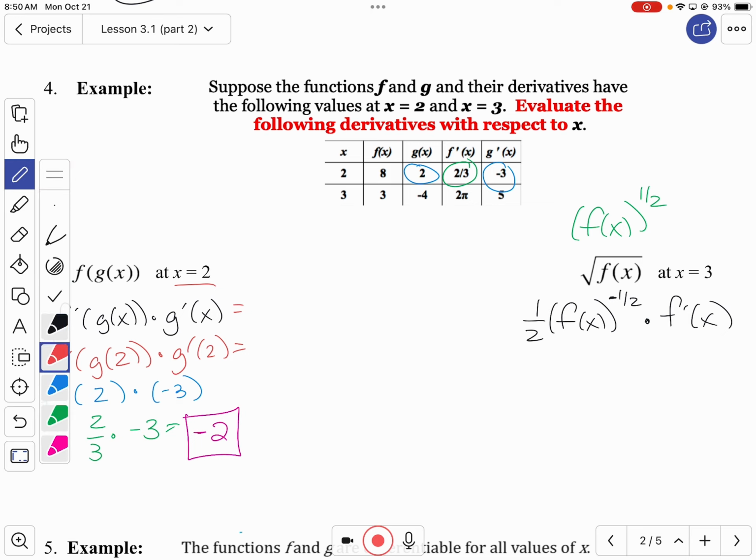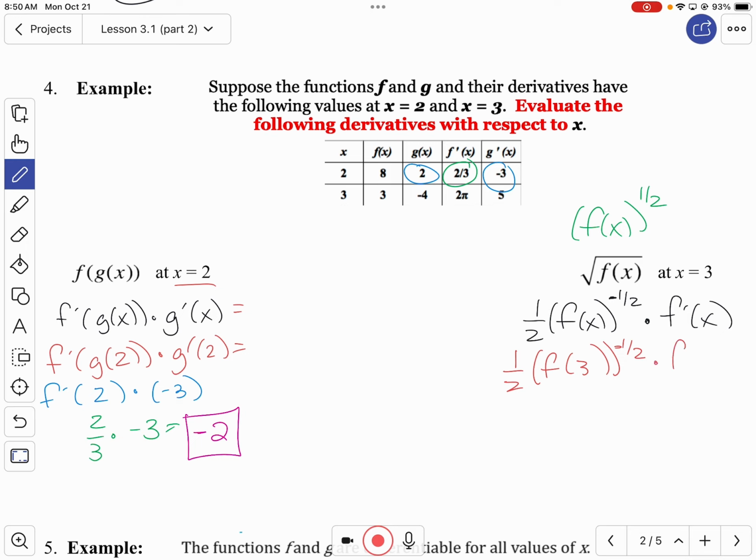Now let's plug in the 3. So I want 1/2 times f of 3 to the negative 1/2 times f prime at 3. Right, piece at a time. How much is f at 3? It's 3, to the negative 1/2.